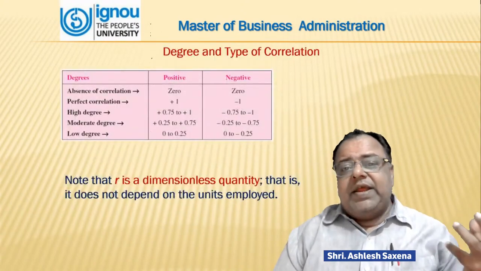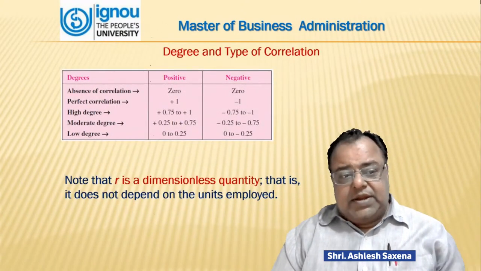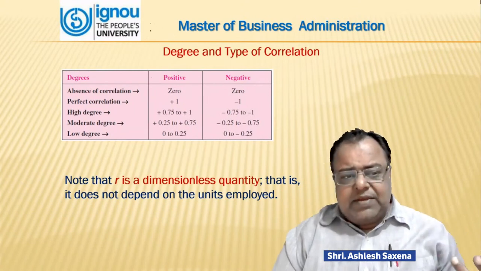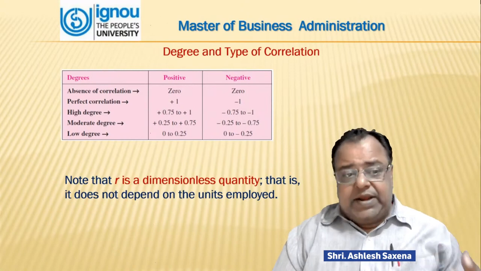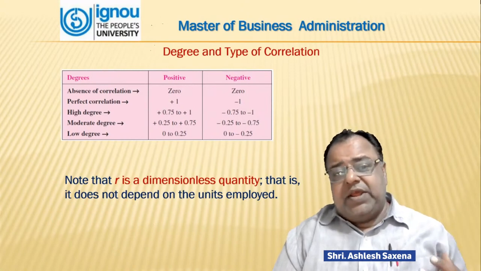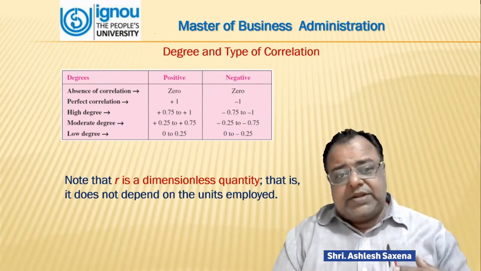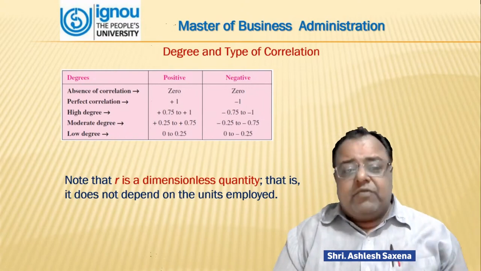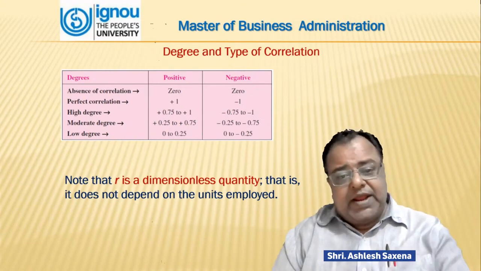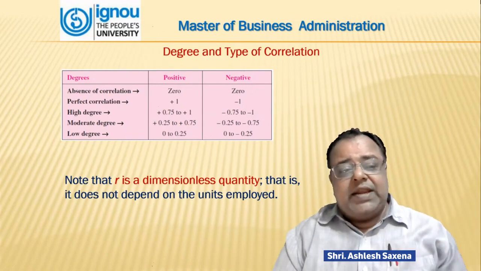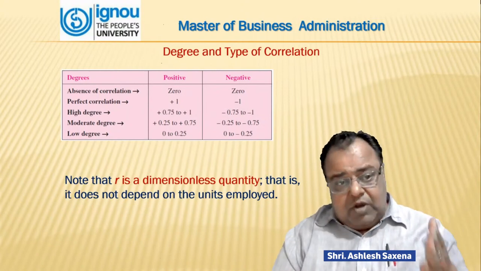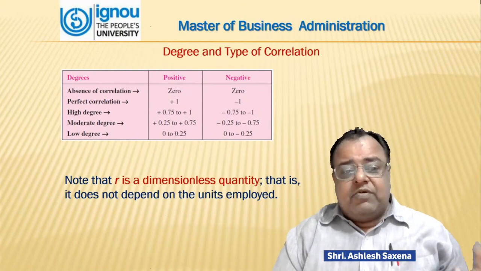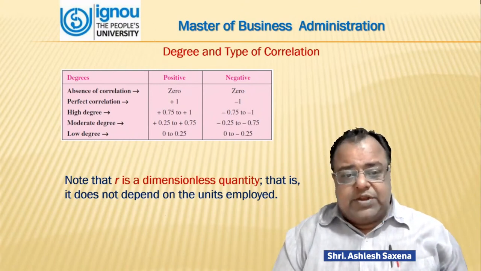As far as degree and types of correlation are concerned, the degree is used in interpretation of the result. From the values of R that we get from calculation, we decide the degree of the observation. Absence of correlation means R is 0.